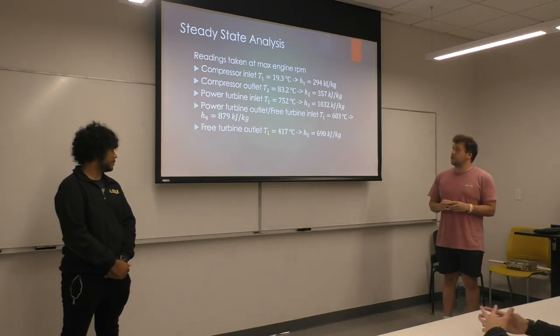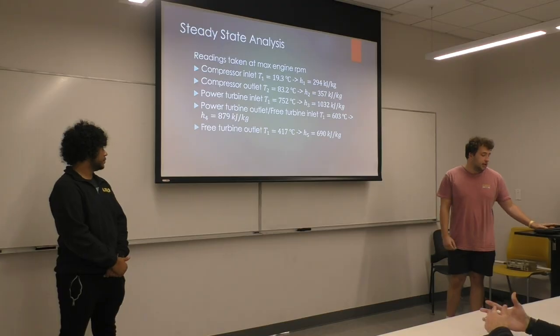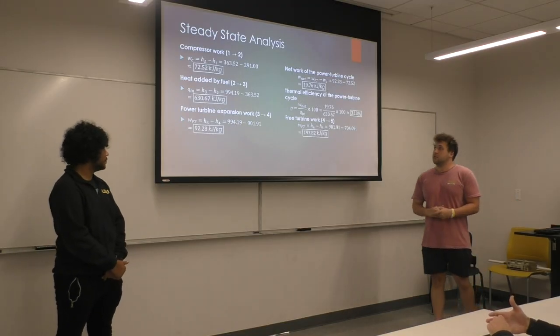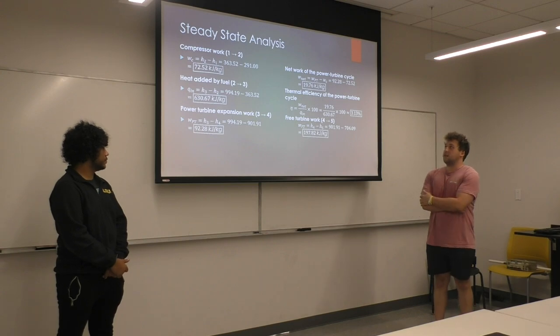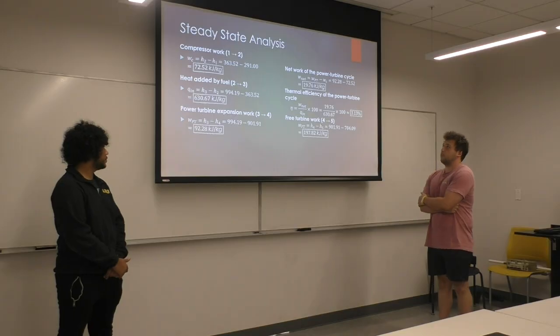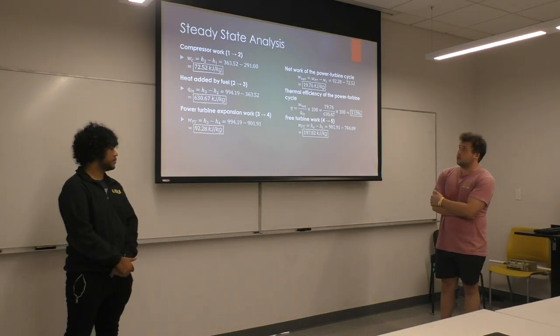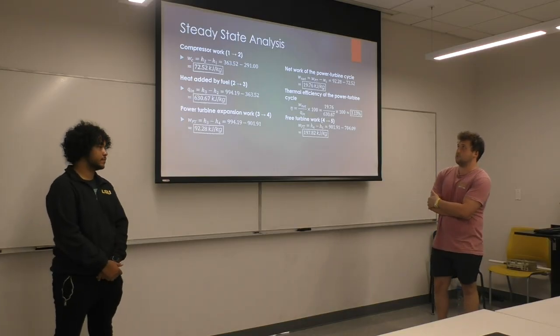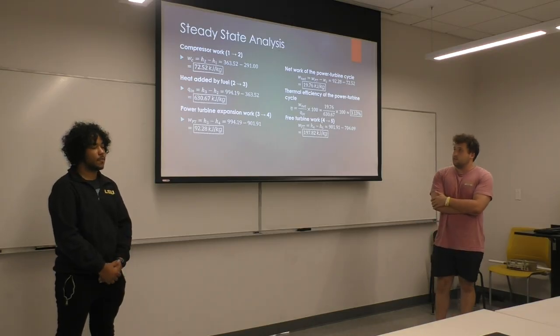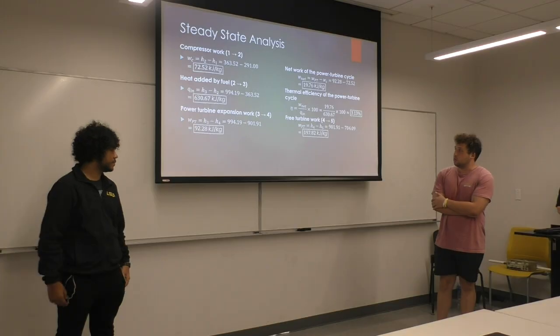And at all these temperatures, I went and found the h values in our tables. So with those enthalpies, we could calculate different properties. The compressor work, which I left in kilojoules per kilogram, was about 72. Heat added was about 630 kilojoules per kilogram.